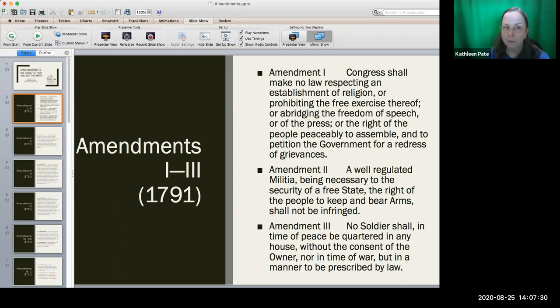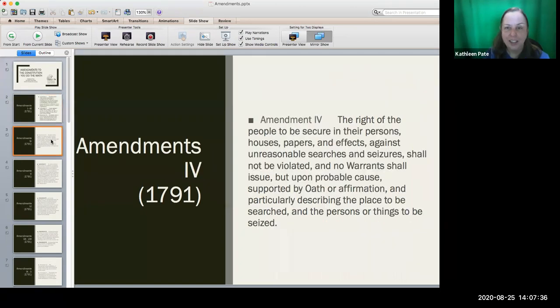All right, moving on to our next group, and I appreciate all the chat. That way I know that we're interacting. I'm going to put the next 6 amendments together. Look at Amendment 4.